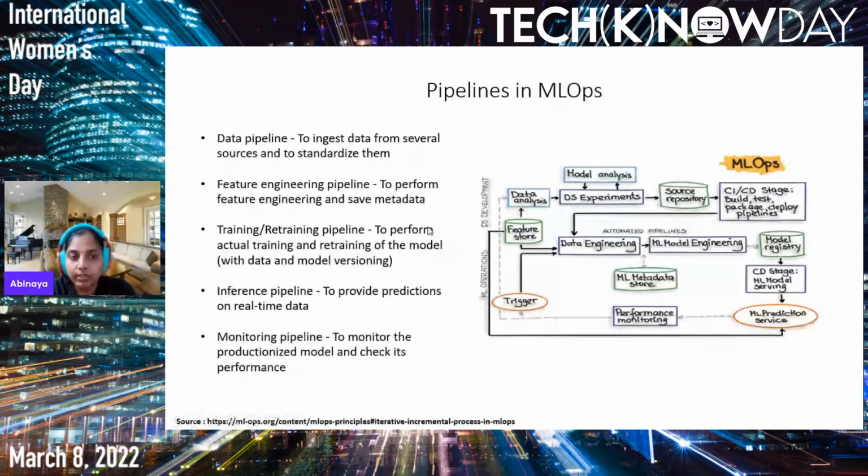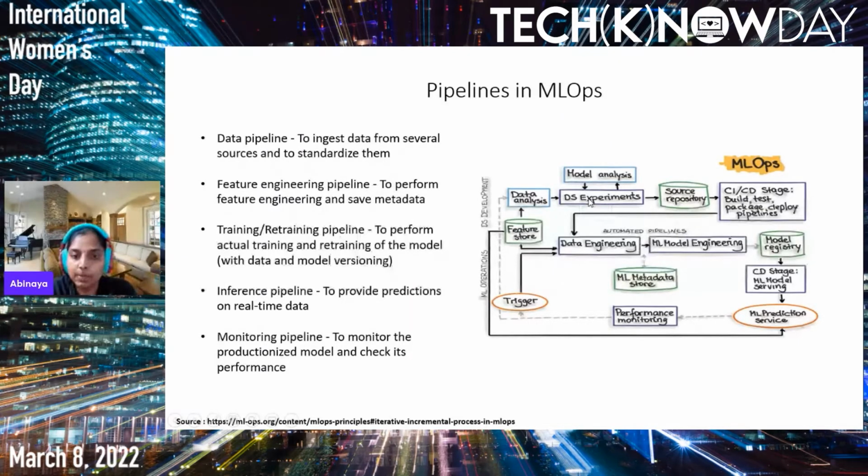After the feature engineering is done, we start building models. You might have ready-made training and retraining pipelines through AutoML solutions, and you will be able to carry out a lot of experiments using different models or using different hyperparameters for the same model.